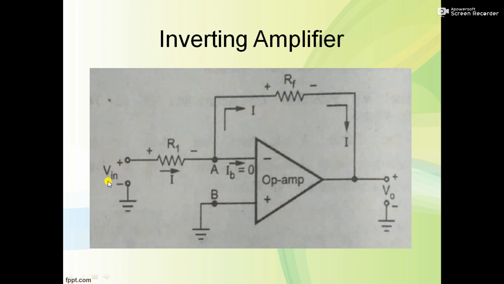If Vin is applied to the negative of the op-amp, the current I is generated, and I flows through the input resistance R1. Whatever current I comes at this node A, the same amount of current also flows through the feedback resistance Rf.